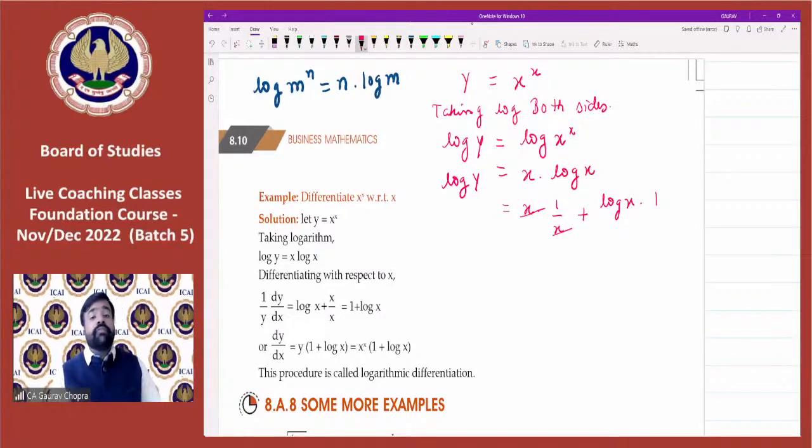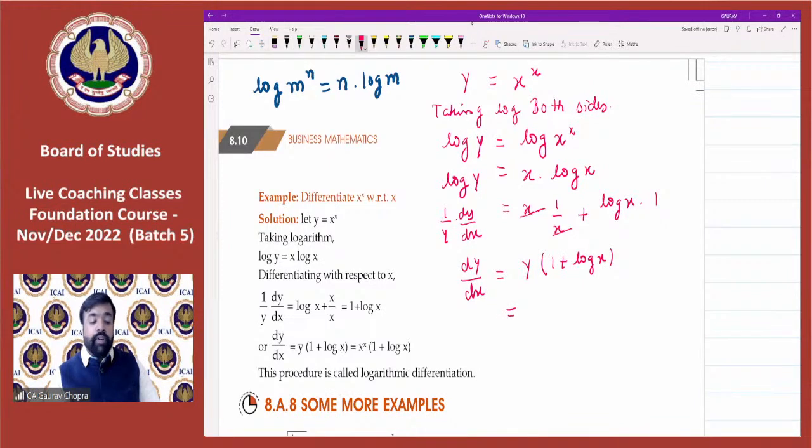And here in the left hand side, what is the derivative of log y? It is 1 upon y, and for y we write dy by dx. So what is the final answer for dy by dx? dy by dx is equal to, we can do cross multiplication, y multiplied by 1 plus log x.